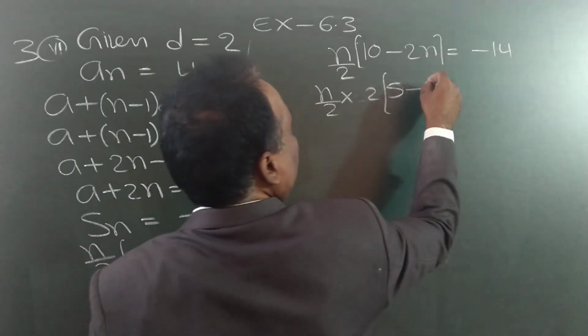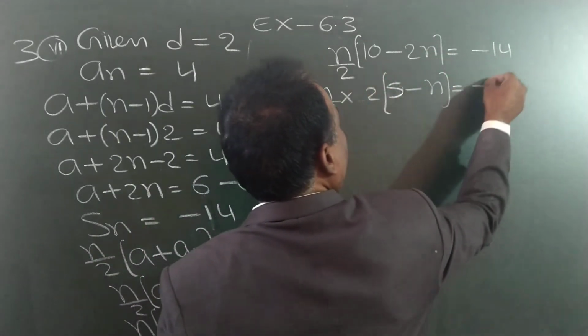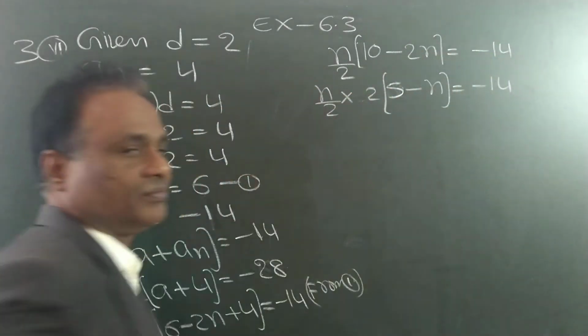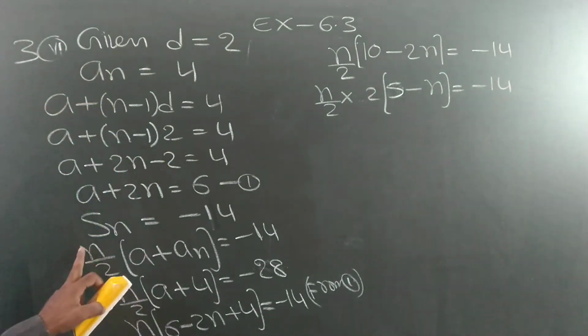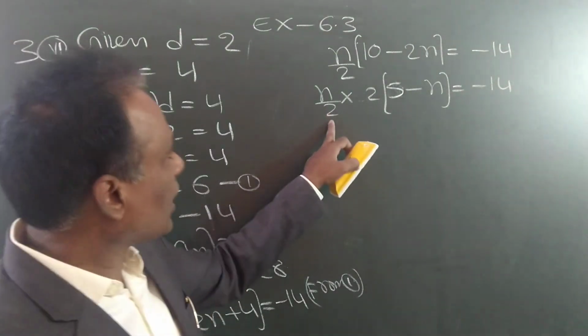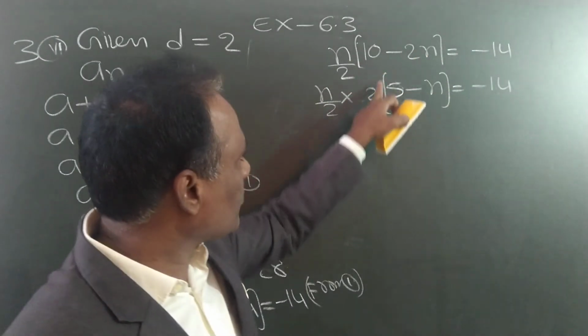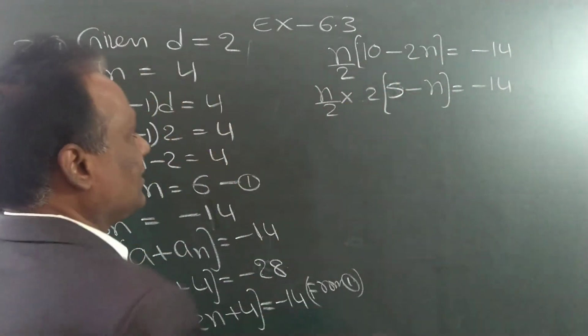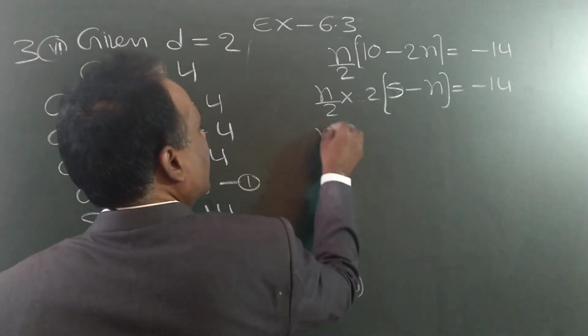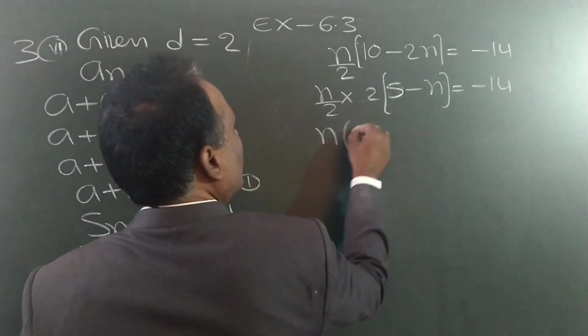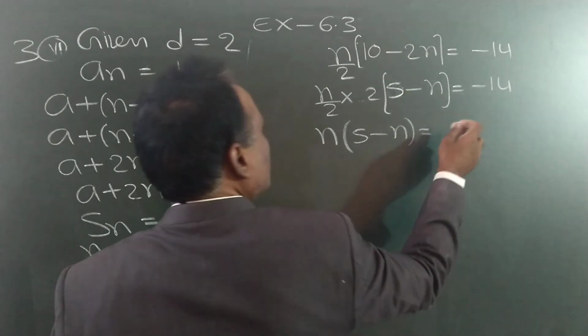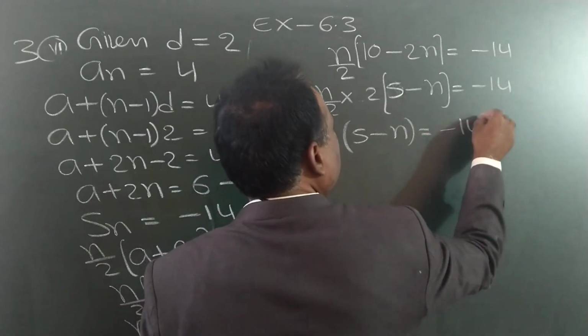And taking 2 common means this is n is equal to minus 14. I am writing n by 2 the same. Otherwise we can take 2 to the right side, but because here we can take 2 common, the 2 cancels. So n into 5 minus n is equal to minus 14.